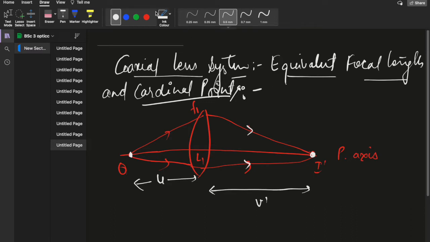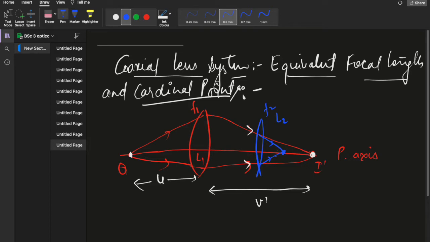Alright. If we locate another lens here, say this is L2 of focal length F2, the rays converge somewhere here.